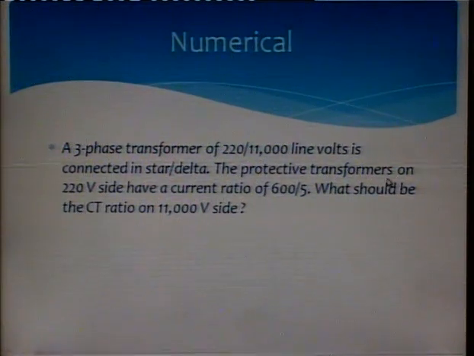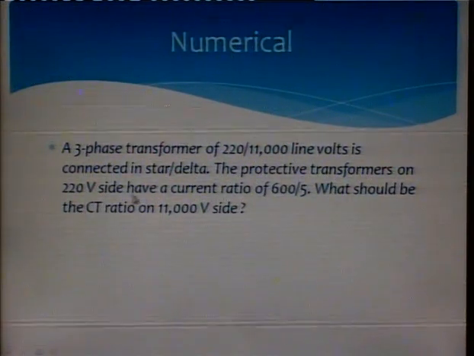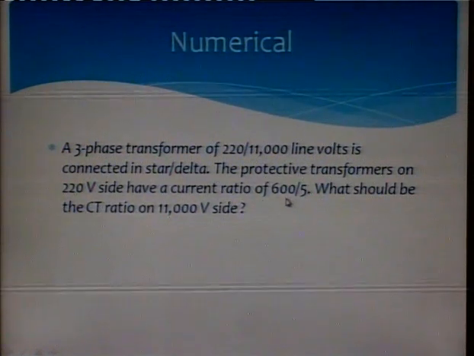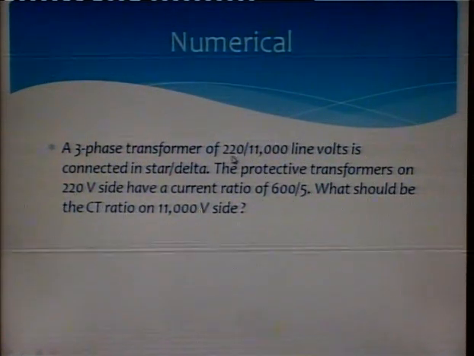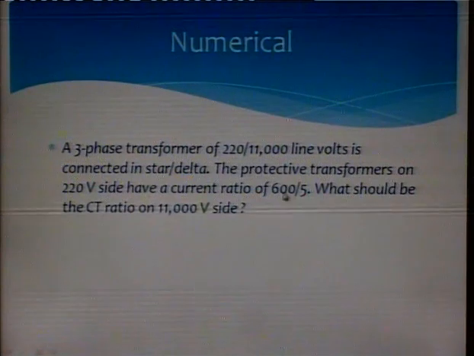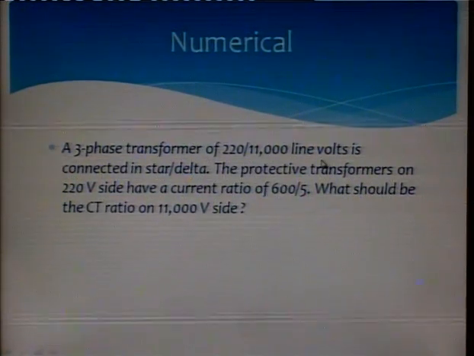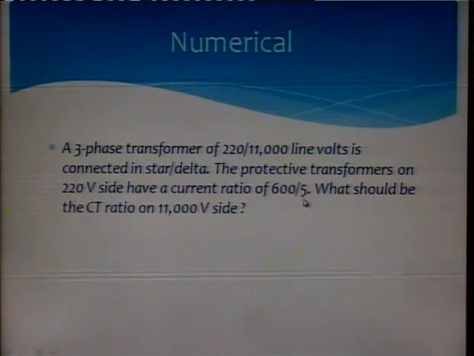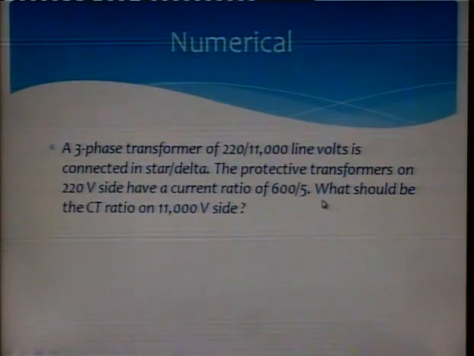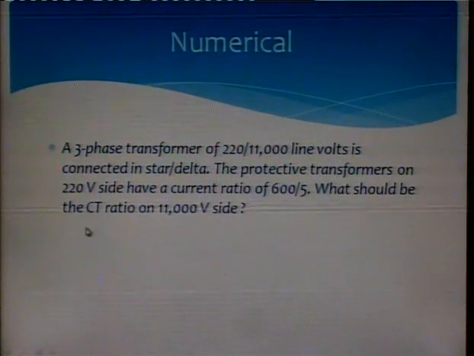The protective transformers on the 220 kV side have a CT ratio of 600 to 5. So what should be the CT ratio on the 11 kV side?